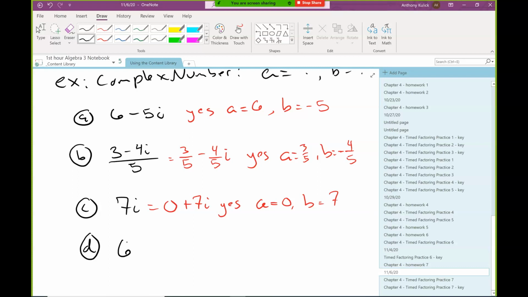Yes. This is a complex number still. How? Well, I can think about it as 6 plus 0i, right? So sneaky. So the a is 6 and the b is 0.